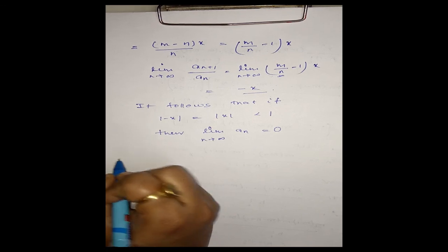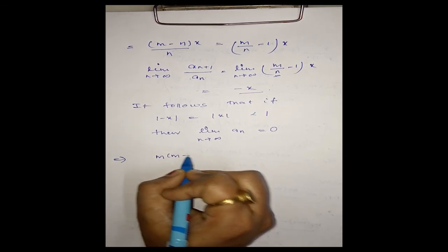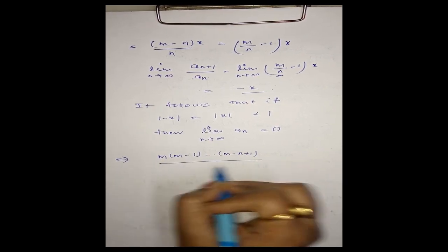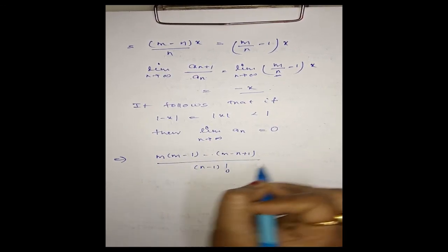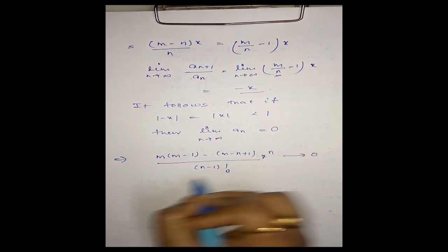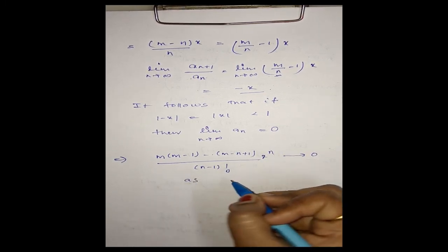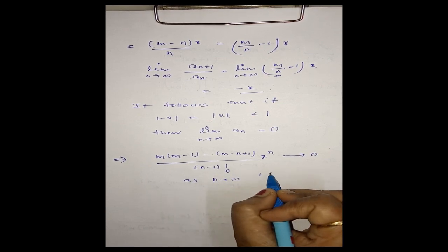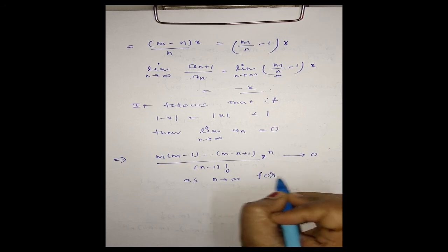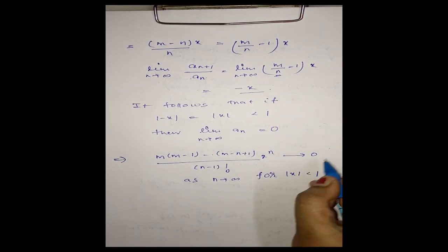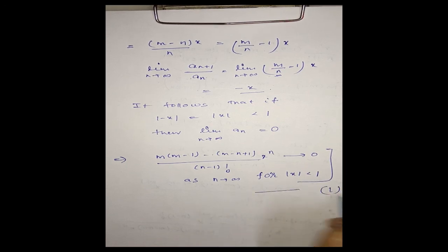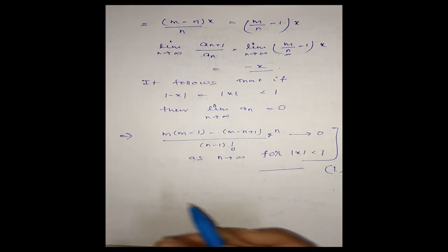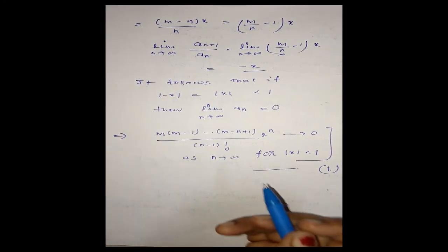This implies m into (m minus 1) up to (m minus n plus 1) divided by (n minus 1) factorial into x^n tends to 0 as n tends to infinity for mod x less than 1. Okay, mark this as 1.